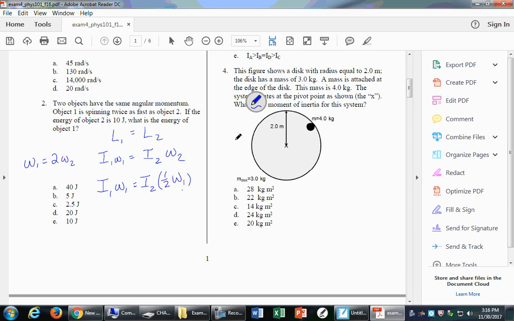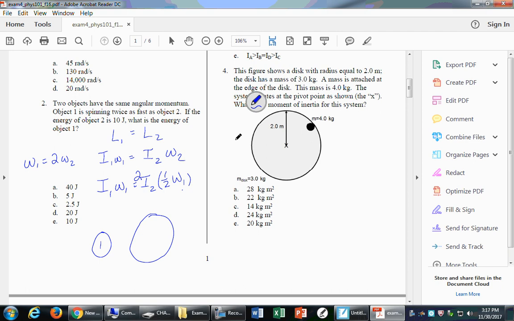If the energy of object 2 is 10 joules, what is the energy of object 1? If the second object has half the speed of the first object, that means that it's going to have twice the moment of inertia. Right? It's going slower, so it has twice the moment of inertia. So if I were to draw these, this would be 1, and this would be 2. It's bigger, it has twice the moment of inertia, so it's going slower.